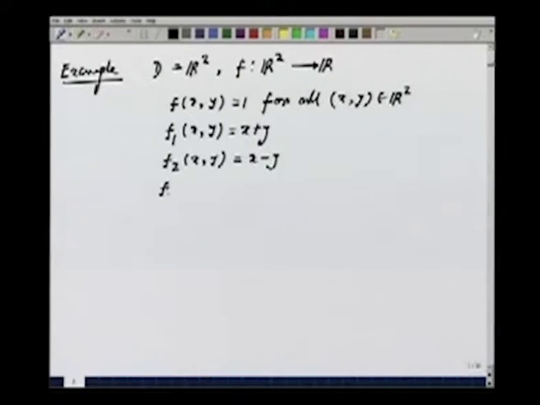I can also define f3 of (x, y) equal to x times y, what I mean is the multiplication of two real numbers. I can define f4 of (x, y) as x by y if I like, with y not equal to 0, and so on. So given x and y, there must be some rule which tells me what real number I get out of (x, y). That is a function of several variables.